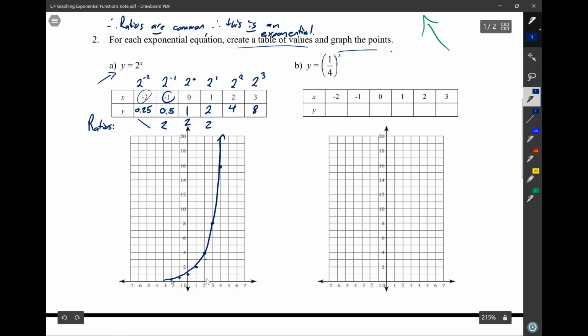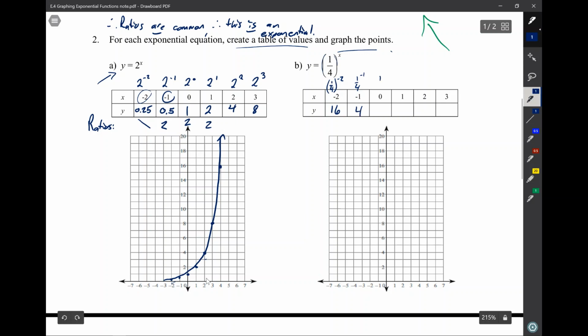So if I have 1/4 to the power of -2, well, that's going to be 16. If I do 1 over 4 to the power of negative 1, that's 4.